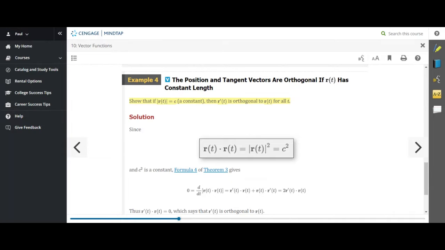So what they do is they say, I mean, you wouldn't think probably to do this, but somebody thought of it: you can take the dot product of the vector r with itself, and that would just equal the length of r of t squared. Right? I mean, that's true.